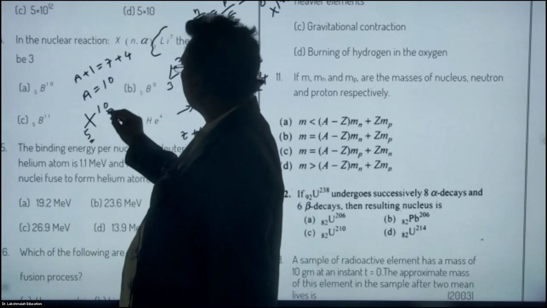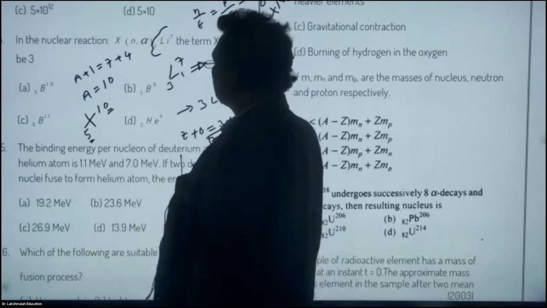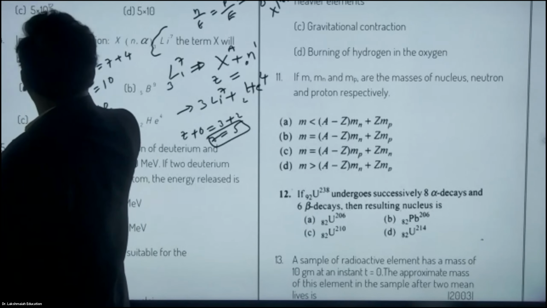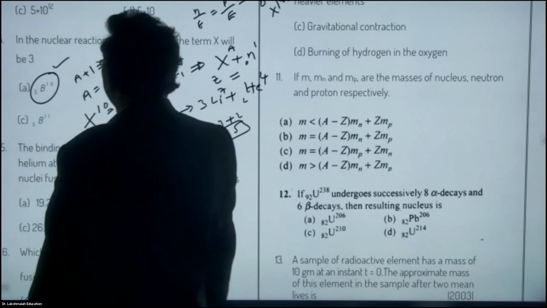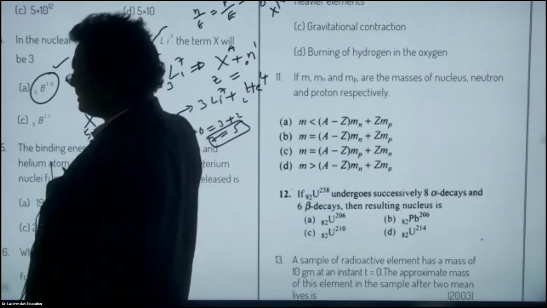Atomic number 5, yes, B. What is B? Sir, boron. Yeah, boron. So for boron, that is 5 10. That is the correct answer. Please take boron 5 10. That option is correct.